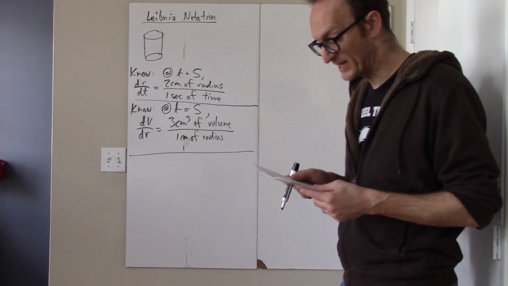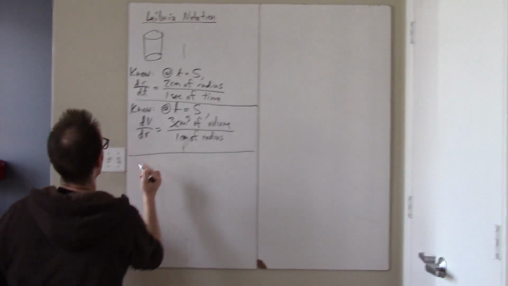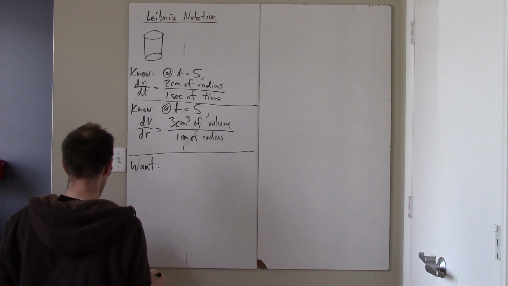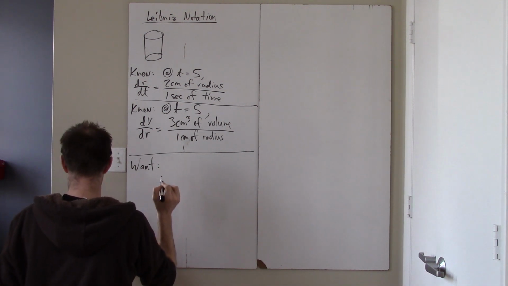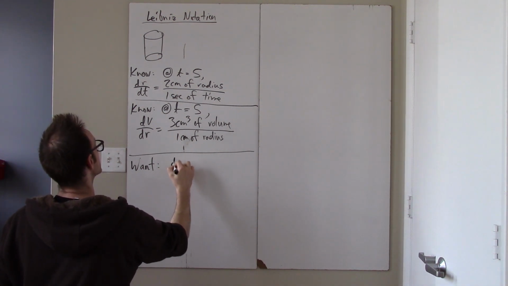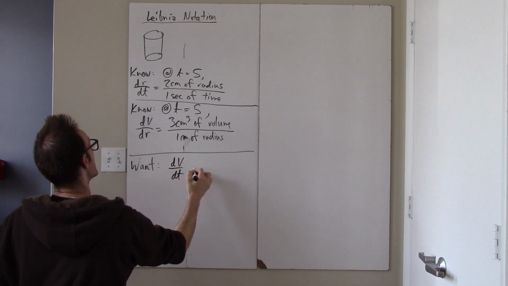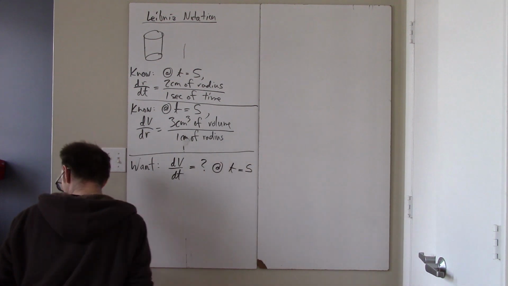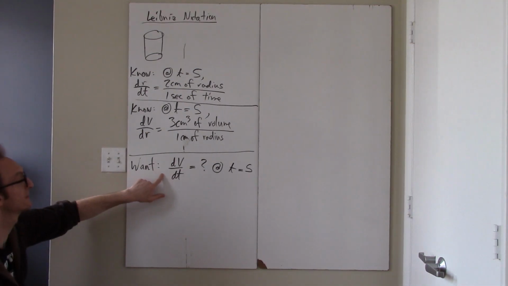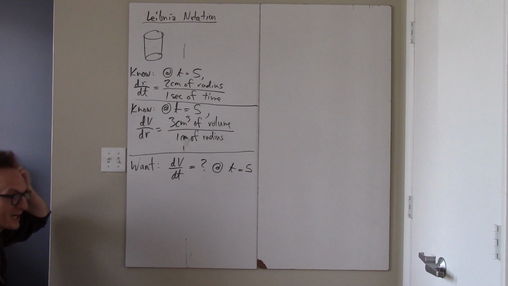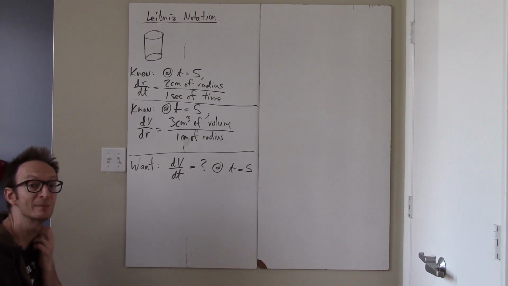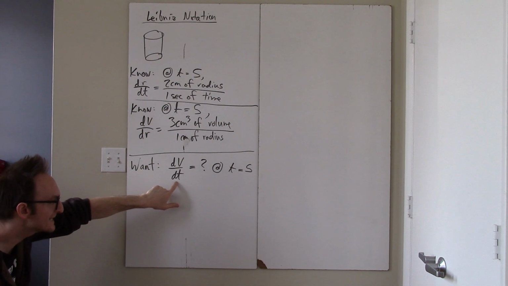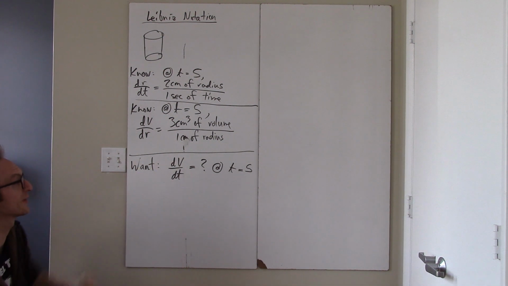Okay, and now finally, suppose what I want is to know dv dt at t equals 5. In other words, when I write dv dt, what I mean is, what is the rate of change of the volume with respect to time, or more simply, how fast is the volume changing? In a tiny, tiny bit of time, how much new volume do I get?